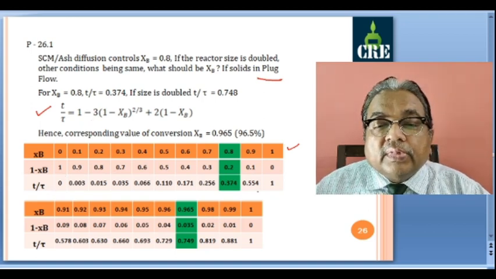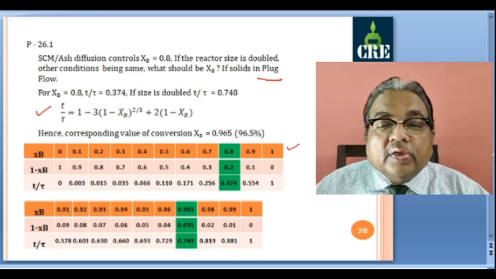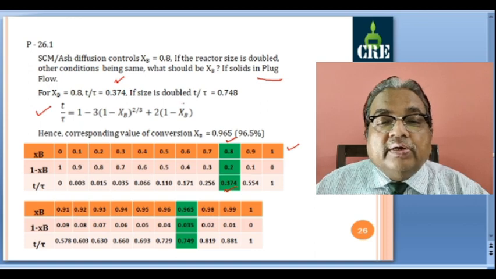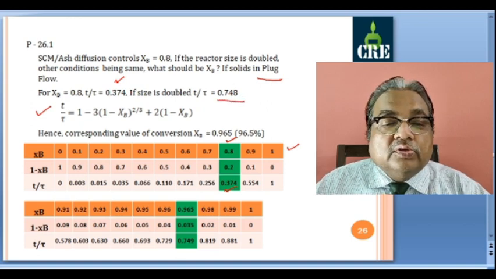So these are my calculated values. So what I get from here is, for XB equal to 0.8, t by tau is 0.374. Now if the size is doubled, what happens? This is doubled. So 0.374 becomes 0.748.